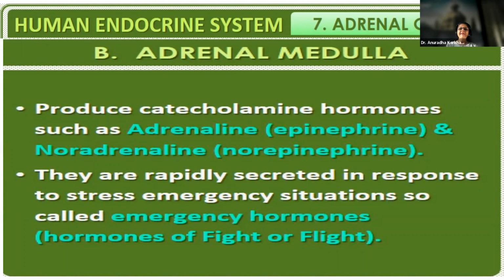They are rapidly secreted in response to stress or emergency situations. So they are called emergency hormones. Hormones of fight, flight or fear. We call it 3F. What is 3F? Fight, flight, fear.